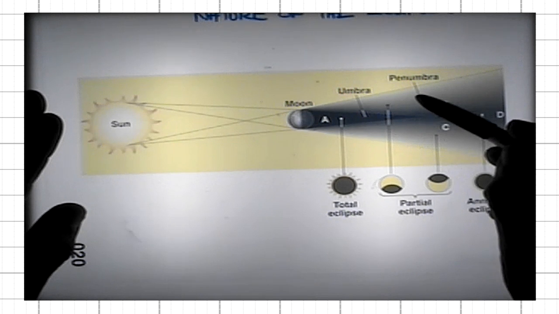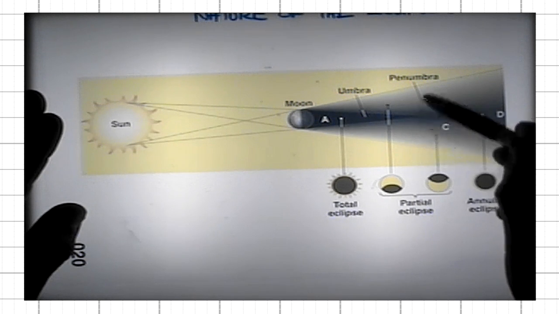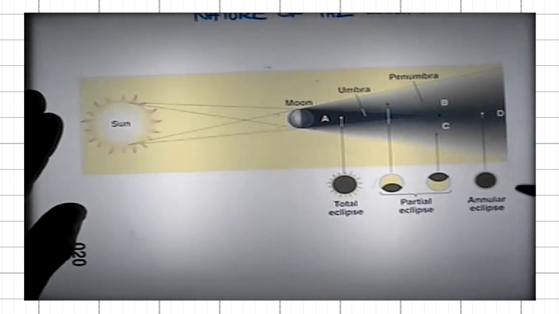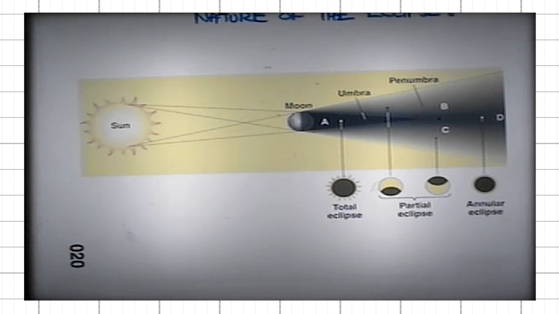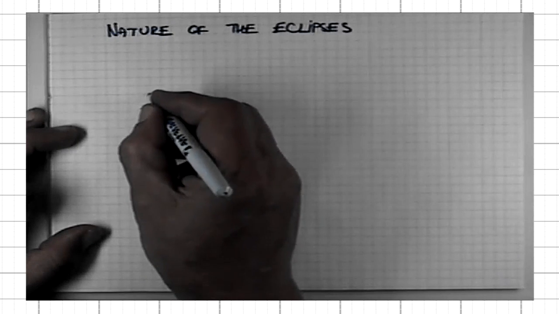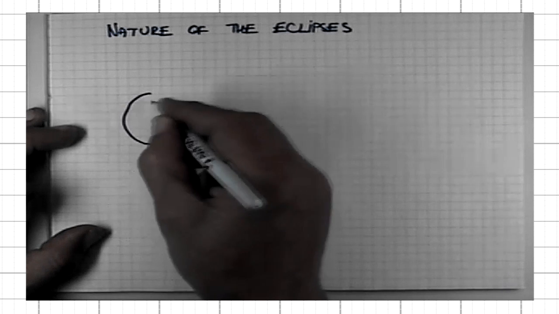In penumbra, partial shadow, one sees partial eclipse, and then at special locations, one can also observe the annular eclipse, I should say.